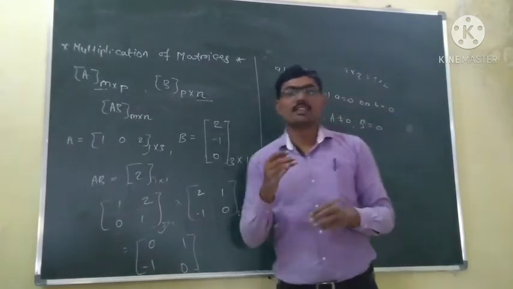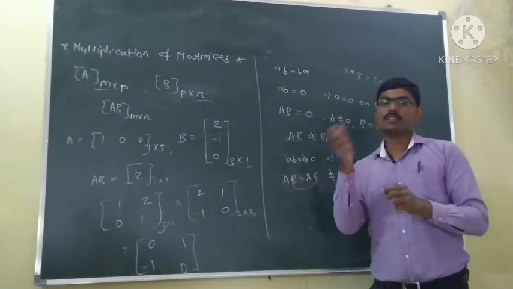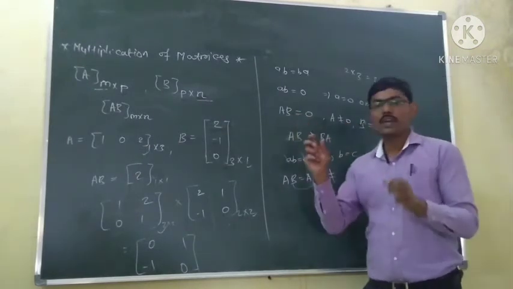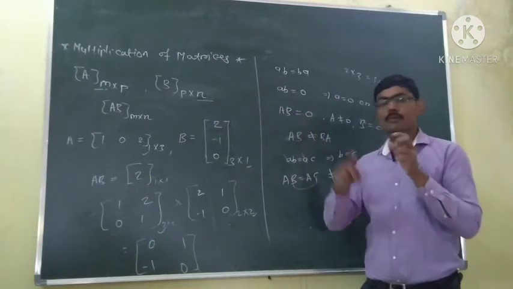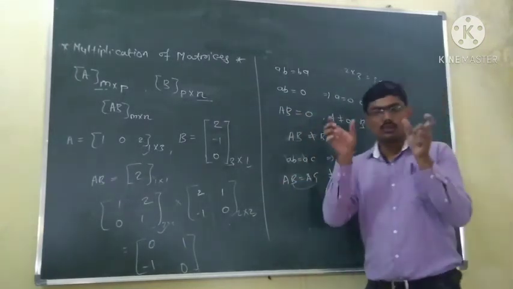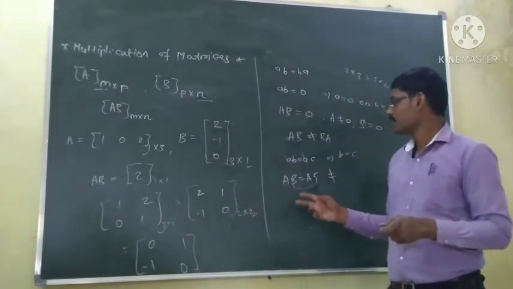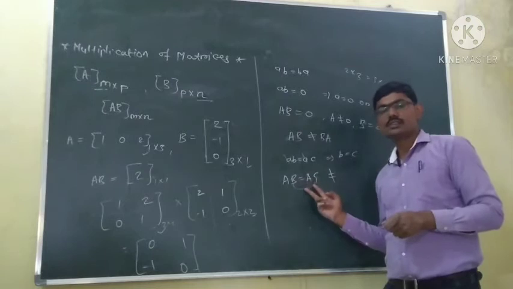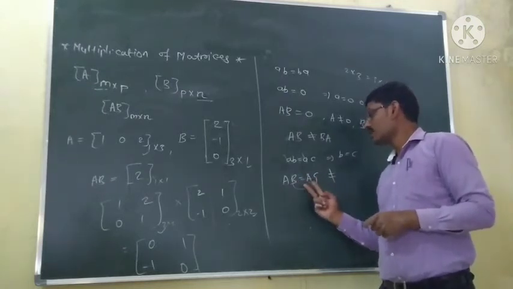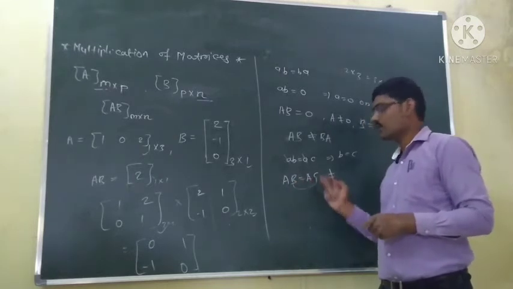In matrices, the multiplication A into B is not the same as B into A. Also, we can find two non-zero matrices A and B whose multiplication is 0. And this cancellation law is also not true in matrices: AB equal to AC does not imply B equal to C.